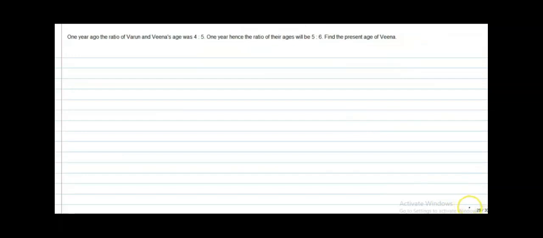1 year ago, the ratio of Varun and Veena's age was 4:5. 1 year hence, the ratio of their ages will be 5:6. Find the present age of Veena. Varun's age is to Veena's age, these are the present ages, equal to 4:5.